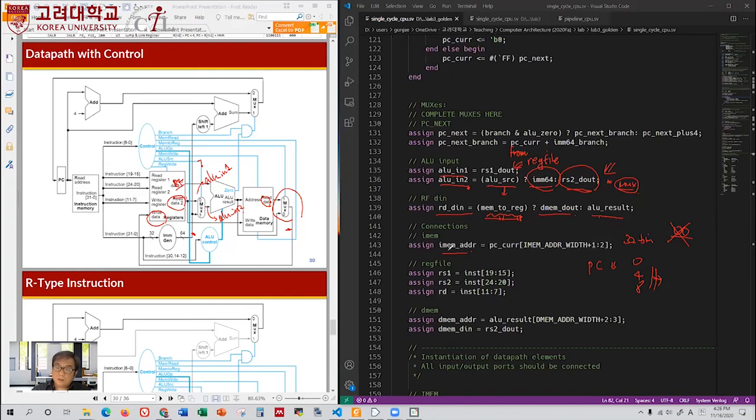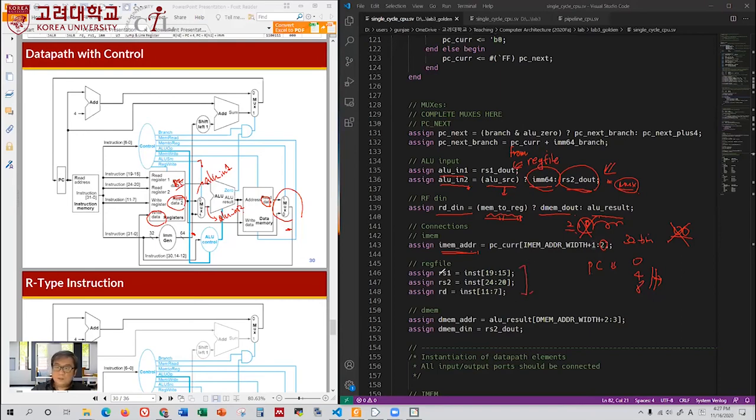The bit numbers are 2, 1, 0, so bits 0 and 1 are thrown away, and the instruction memory receives from bit number 2.